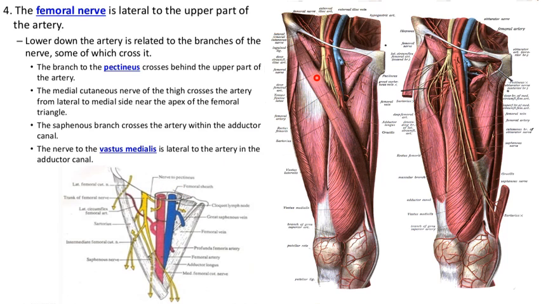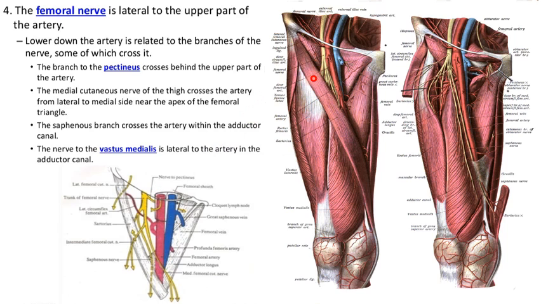As the nerve enters into the femoral triangle, it divides into 2 divisions, the anterior and the posterior divisions. Before that, from the trunk, it gives a branch which is the nerve to pectineus, which is posterior to the femoral artery.